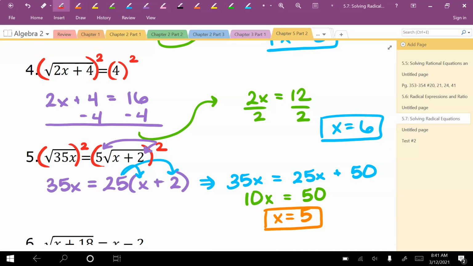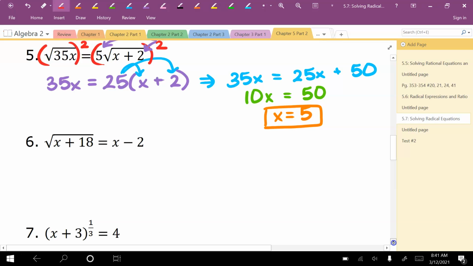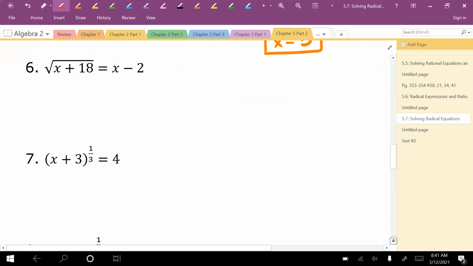All right, let's go to the back side here. So for number 6, we still have a regular radical sign on the left side, which means that we still need to square it. Okay, so we got to square the left side and we have to square the right side.